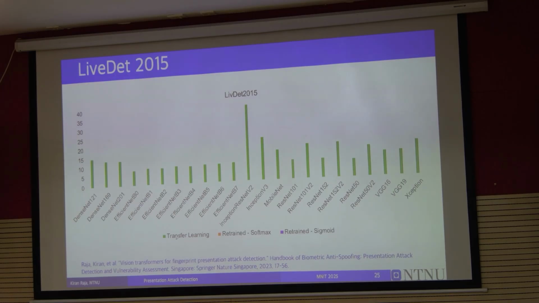Then by replacing the final two layers, we retrain the whole network, discarding all the weights and defining the weights for those particular tasks using the softmax layer, and then we see that the error rates start dropping down. The overall trend, whatever was in green, is now becoming lesser in the case of orange, which indicates that if you are able to train your own network with the data from scratch, it will be able to give you better results.